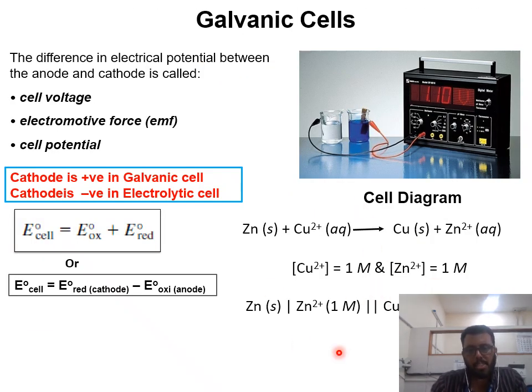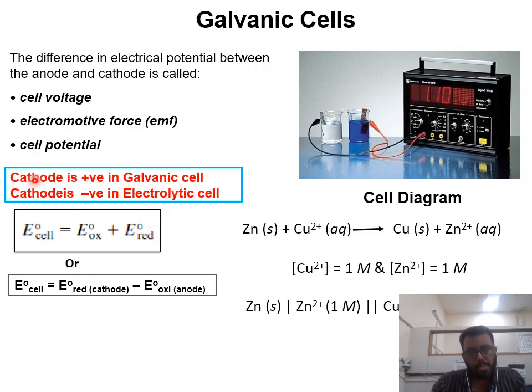You have to calculate the cell potential. As you know, you can calculate the EMF of the cell. This is very important. The difference in electrical potential between anode and cathode is what drives the electrons from zinc to the cathode. This is the cell voltage or EMF, the cell potential. The cathode is positive in the galvanic cell and negative in the electrolytic cell.